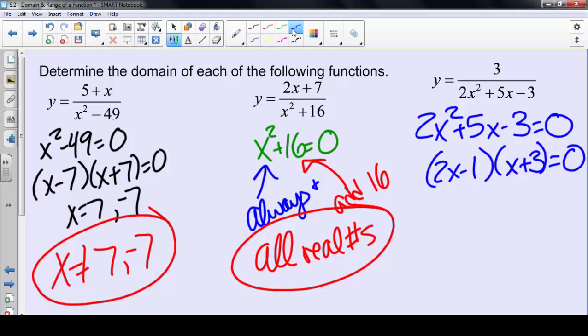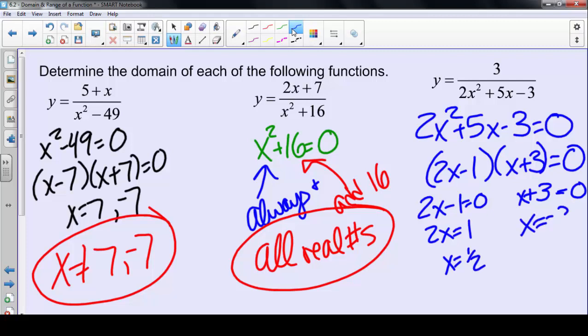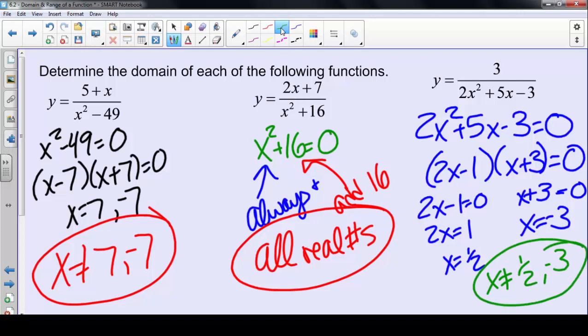Think back to what we did in chapter 5. So what this means is that x can't be 1/2 or negative 3, because either of those values will make that denominator 0, which we can't have.